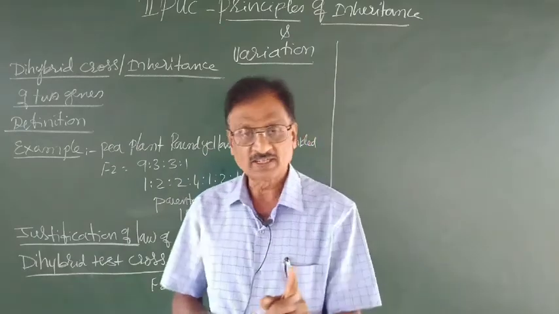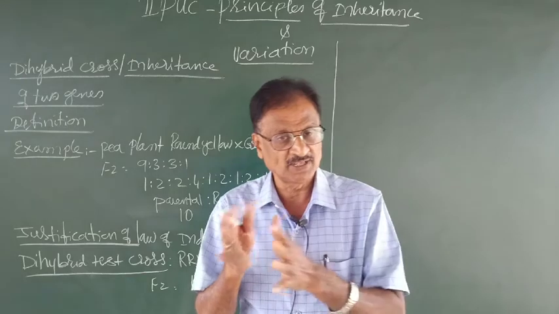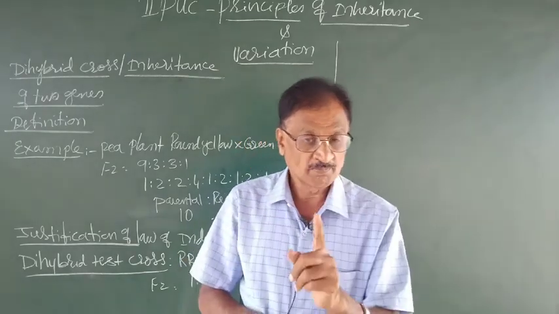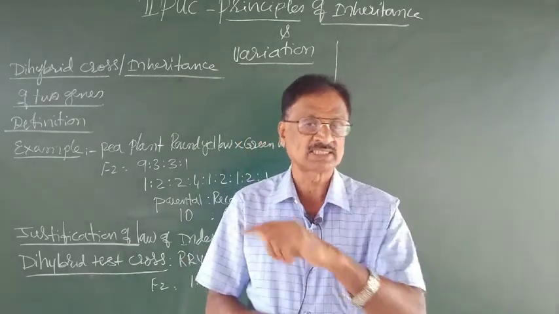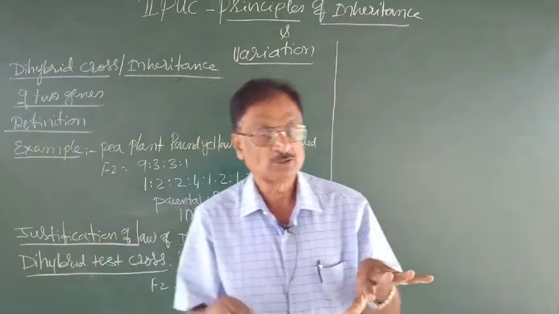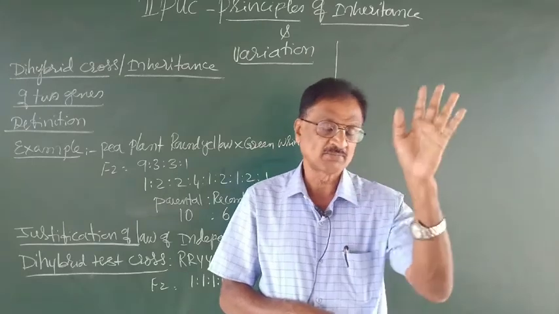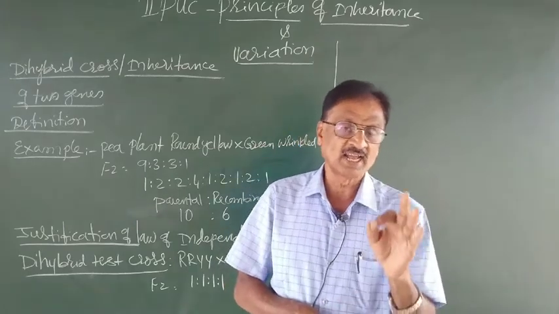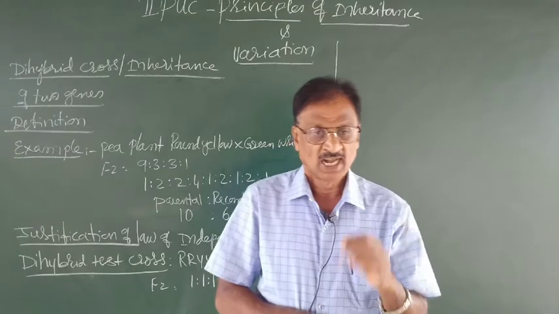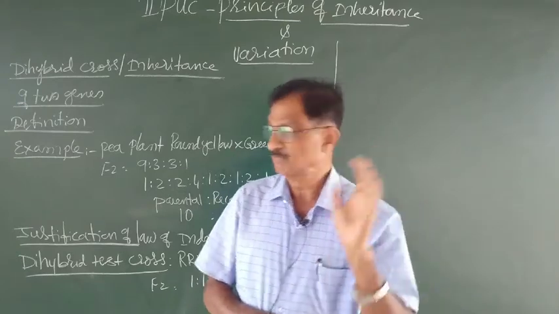So monohybrid cross means a cross between two individuals differing in a single pair of contrasting characters. If the parents differ in two pairs of contrasting characters, then such a cross is referred to as a dihybrid cross. I hope you know the meaning of hybrid.